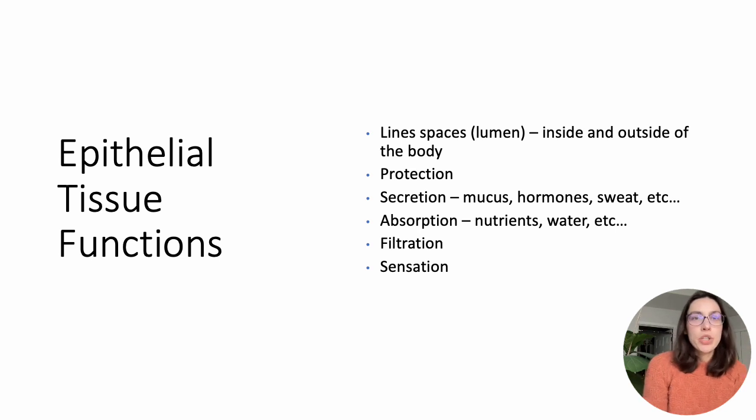The epithelial tissue also works in secretion of mucus, sweat, hormones, and other things, and absorption, which is especially true in your digestive tract. It's also important in filtration and in sensation. All of those will come up as we're studying more different organs and organ systems.